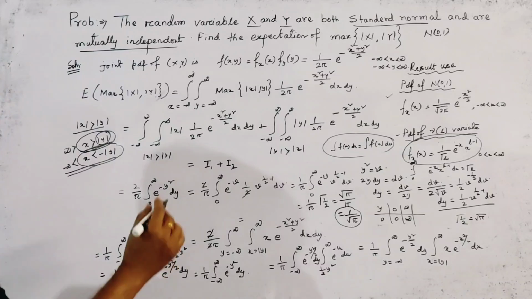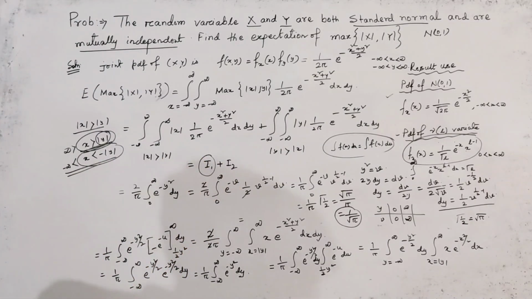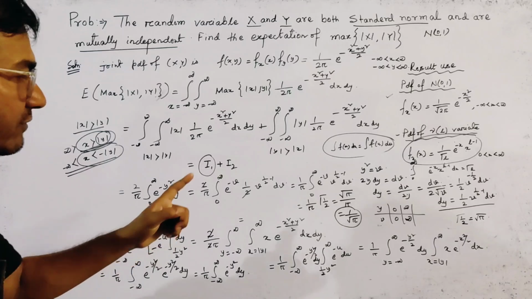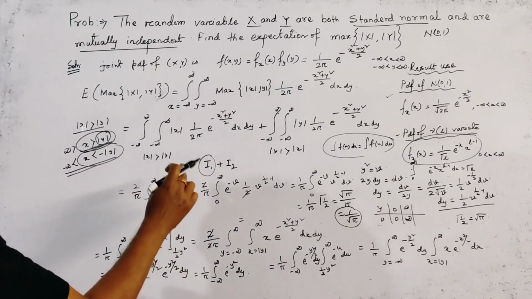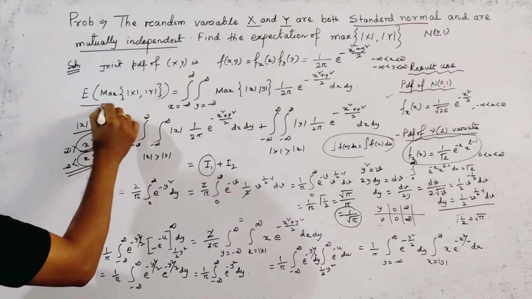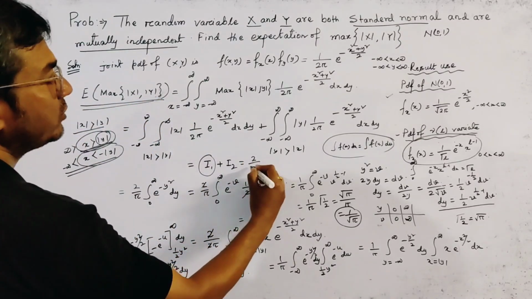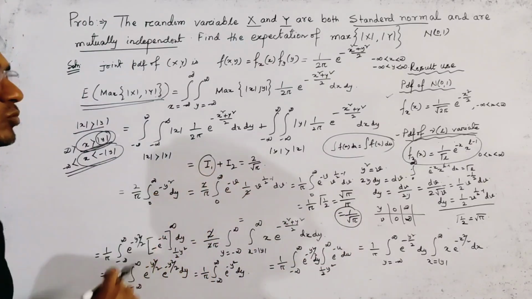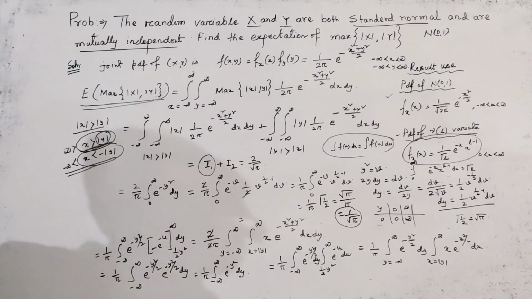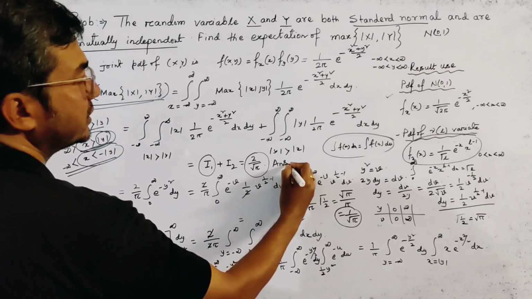This is the value of the integration, which is I1. And we already said that the values of I1 and I2 are the same. So the value of our expectation is 2 by root pi, and this is our final answer.